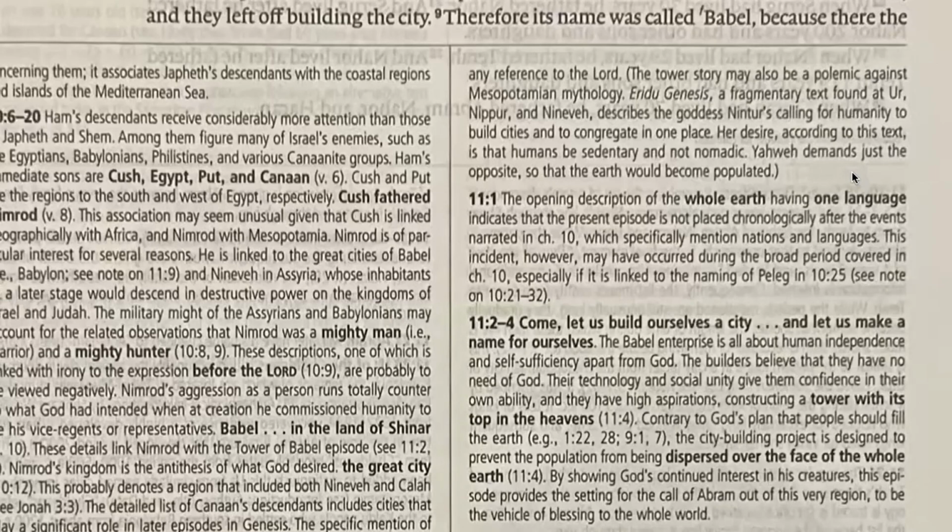There was a linkage to Noah and finishing up the Noah story by giving his descendants, his children, and then their descendants. But then we get this story, which has to happen prior to what's happening in chapter 10.